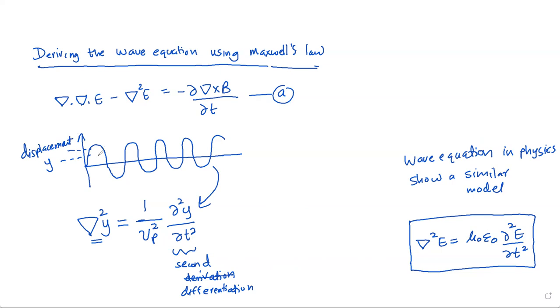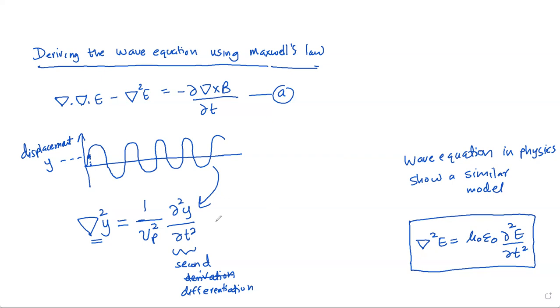I do not point out the peak here, just any general point, we can denote the displacement using y. So y is the displacement at any point in the wave, and it will follow this equation. So basically, mathematically, we can denote a wave using this equation.